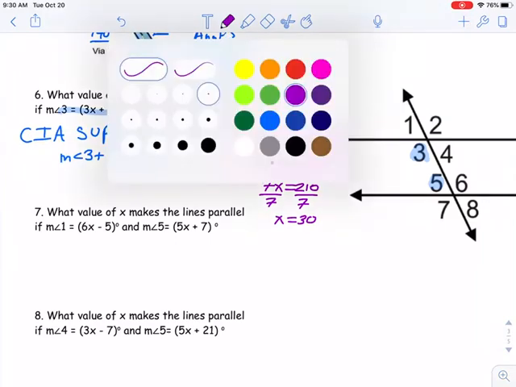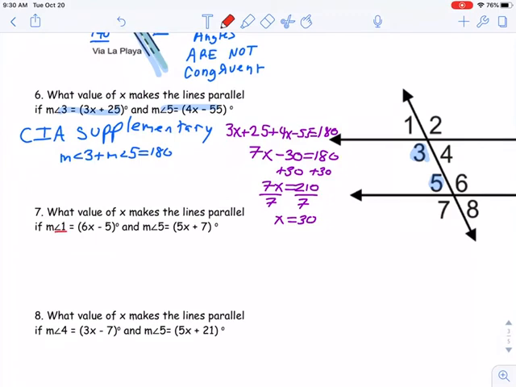Cruising right along. Angle 1 and angle 5. So here's angle 1, here's angle 5. What's the value of x that would make the lines parallel? Well, we have corresponding angles postulate, or just corresponding angles. They must be congruent. So that means that the measure of angle 1 is going to equal the measure of angle 5.